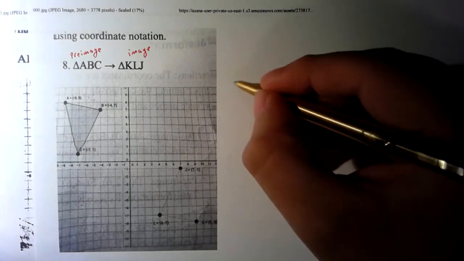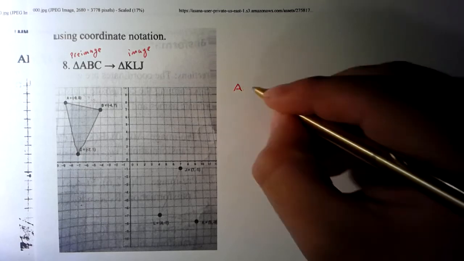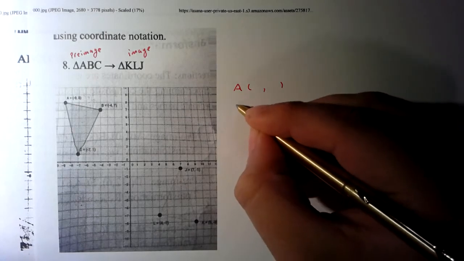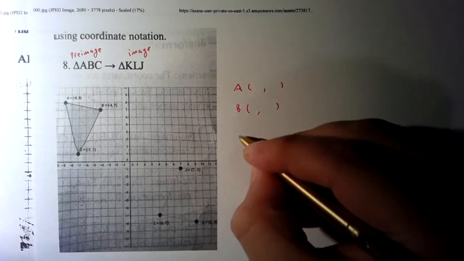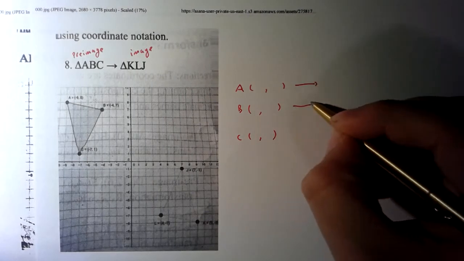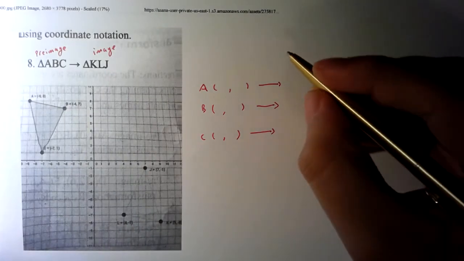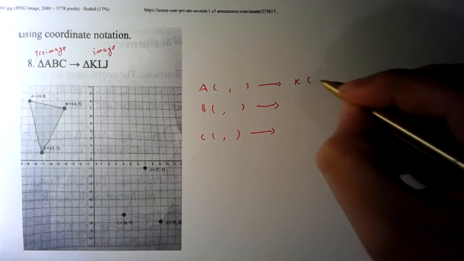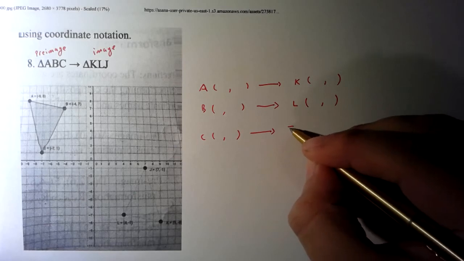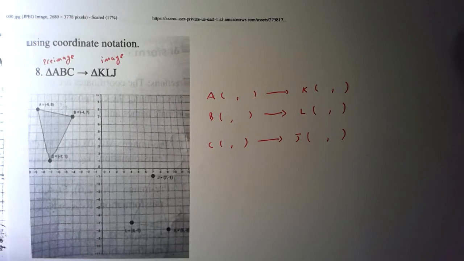So in terms of our arrow notation, we're going to have points from our pre-image, A, B, and C, and then we draw these arrows to get K, L, and J. So this is the outline, and then we're going to figure out how to plug in the numbers.